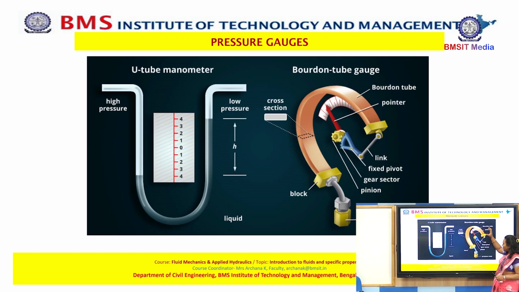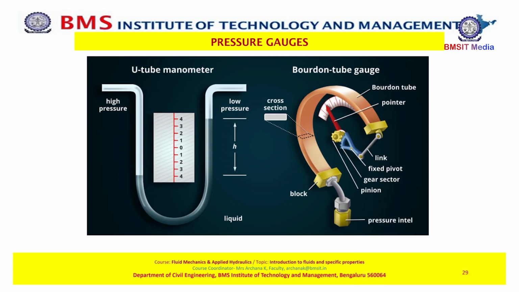When a pressure is applied to the socket here, the tube will expand and the needle will move, and when the pressure is released or withdrawn, it will come back to its own position and the needle will drop down. This is how Bourdon's pressure gauge works.